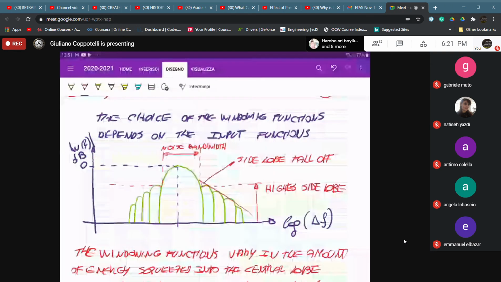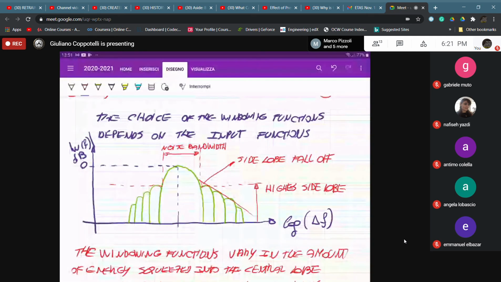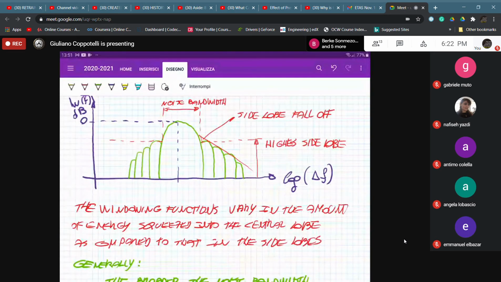But for us, it is very important to understand the typical shapes of these windowing functions that could be used in our experimental analysis, in our structural dynamics analysis, aimed mainly at the evaluation of your responses, model parameters, and so on.